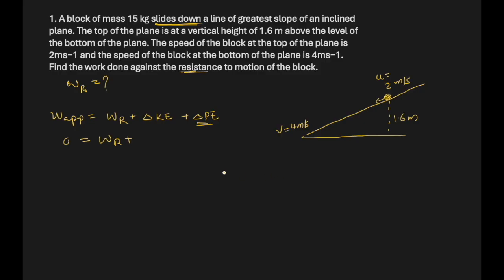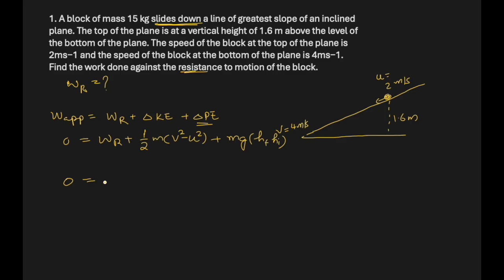Delta KE is half m times v squared minus u squared, the change in kinetic energy. Then the change in potential energy is m g times final height minus initial height. Now we'll substitute.